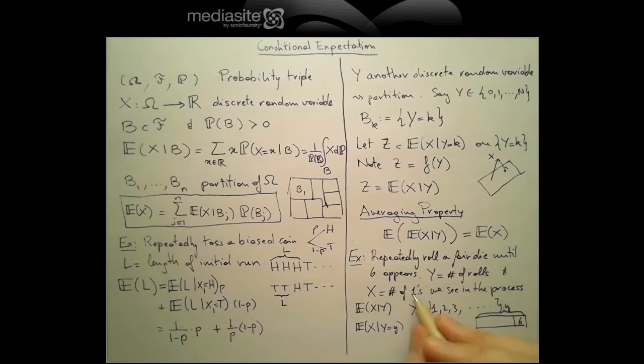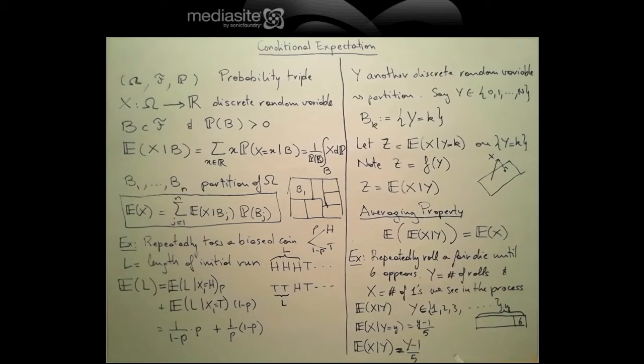And you want to know how many times 1 appeared. Well, 1 has a 1/5 chance of appearing. And so, because of the binomial distribution, this is going to be (y minus 1) over 5. And so that means that we can now write Z, this conditional expectation, as just (y minus 1) over 5.